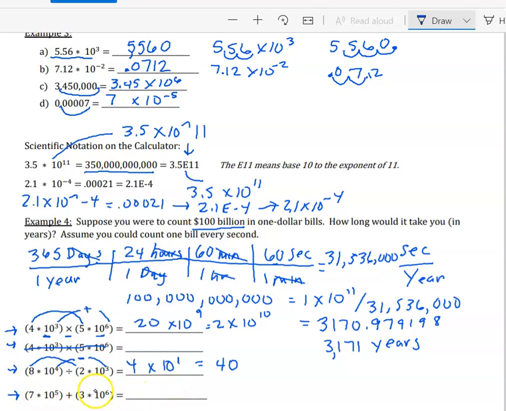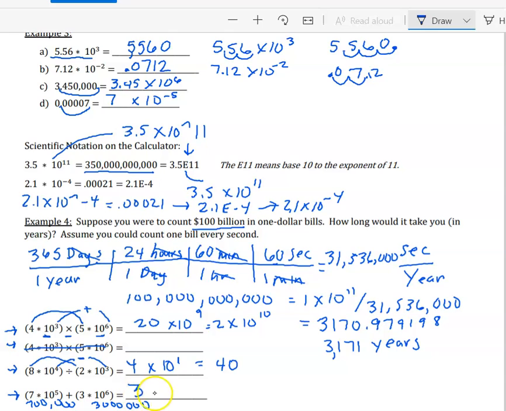And in this last problem, you can't really work this problem that way. So you would want to probably figure out what this is. Now you can type the whole thing in the calculator and it would calculate it for you. But I know that this is 700,000 because we've got 7 with 5 zeros. This is 3 million because we've got 3 with 6 zeros.